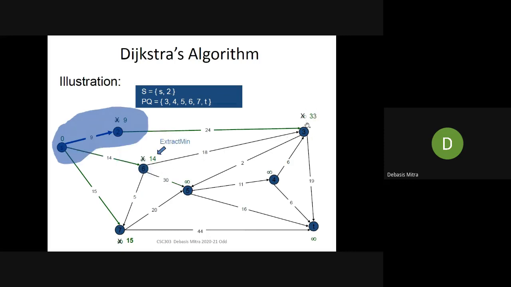And what was the earlier value of 3? 33. So it will be updated by 32, and in the bookkeeping, parent of 3, which was earlier set to 2, will be changed to 6. Am I clear?